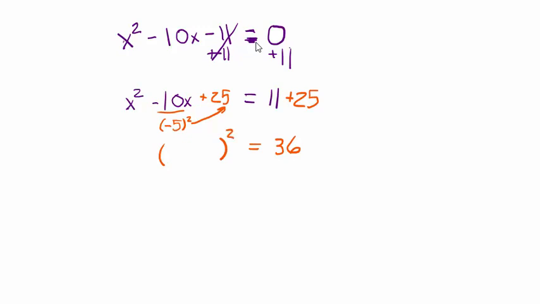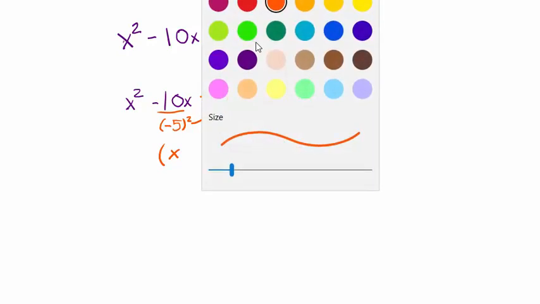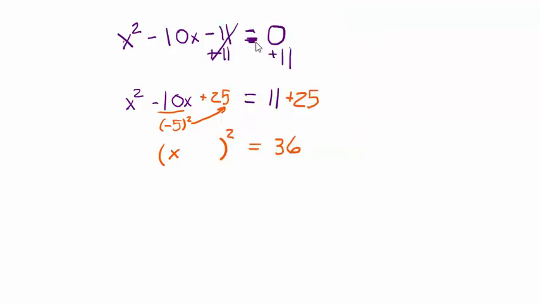So I can write this as some binomial squared. What goes inside the parentheses is whatever I got when I divided by 2, which in this case was negative 5, that goes here.